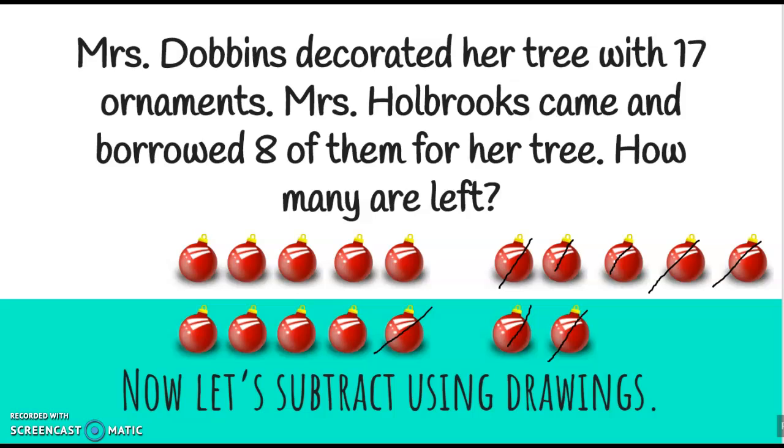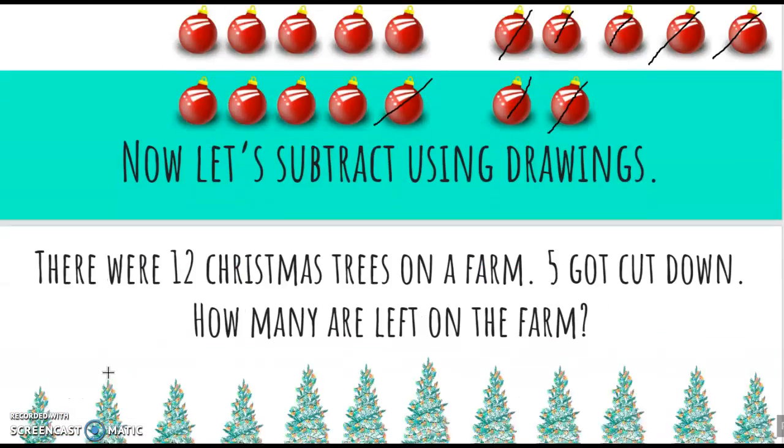Okay, good job. Now that we've crossed out 8, we can count what's not crossed out to get our answer. So let's count together. 1, 2, 3, 4, 5, 6, 7, 8, 9. So 9 ornaments are left because 17 minus 8 equals 9. Let's go to the next one.